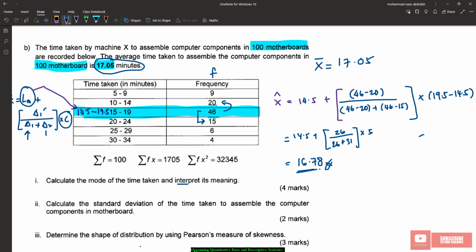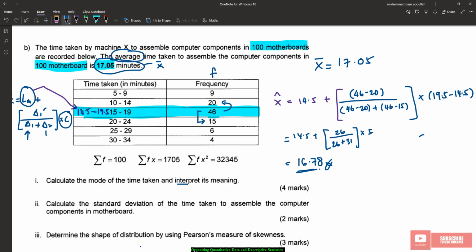No, 17.05 is our mean, because it says average here. To find a modal class, we need to find the class that has the highest frequency. Oh, highest frequency. Yes. So 46 is the highest frequency, so this is our modal class.